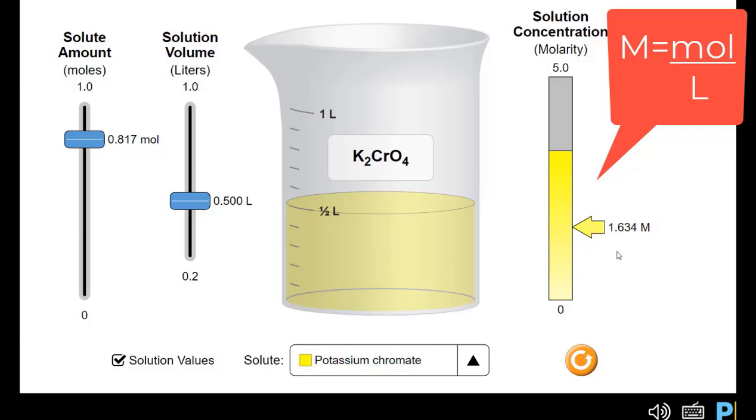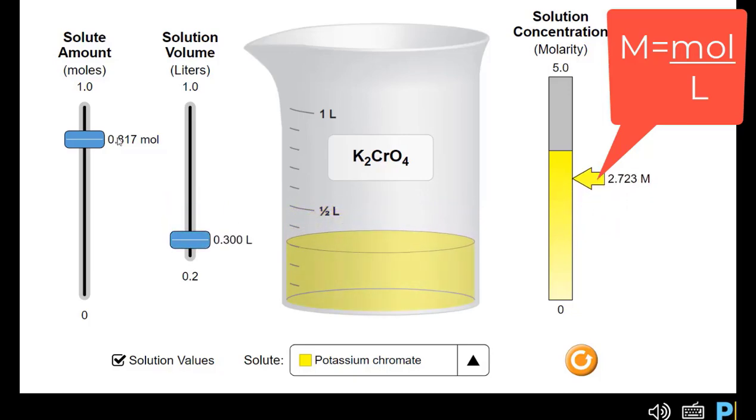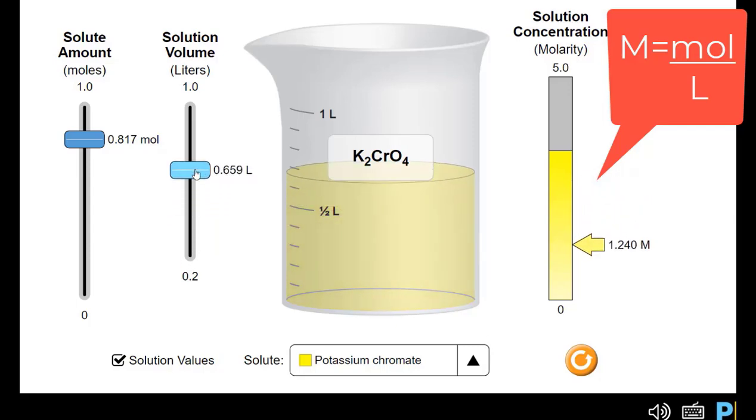It should only be 3. But I can just do some messing around and say, okay, molarity went up. What happens if I decrease my volume? What do you think is going to happen? If I have moles of solute stay the same, pretty high, but my volume goes down, it's going to become even more concentrated, and we can see that. Versus if I increase the volume, we can see my concentration going down on the right.